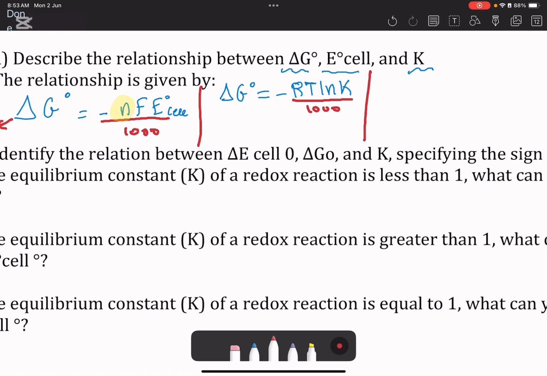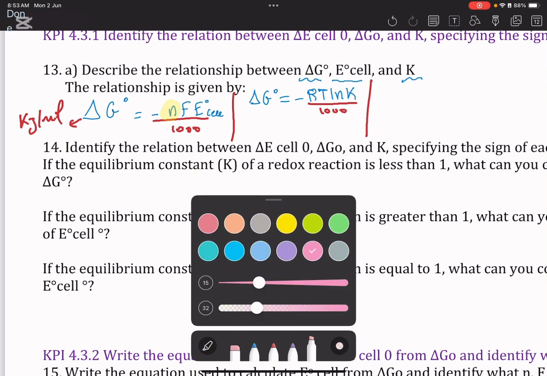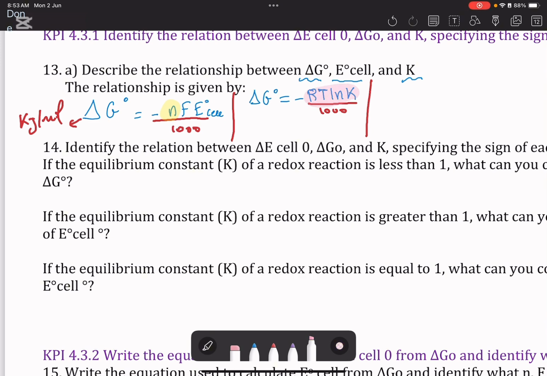And if I take this formula and put it next to this formula, I'll get minus nF E cell equals minus RT ln K. Now, removing the minuses from each side, they cancel out.